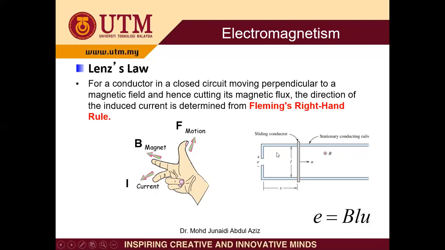And when you have a current, it will also produce a voltage. The value of the induced voltage can be computed by using these equations. This right-hand Fleming's rule shows that when we have the direction of motion and the direction of the magnetic field, we can find the direction of the current. So this is also from Lenz's law.